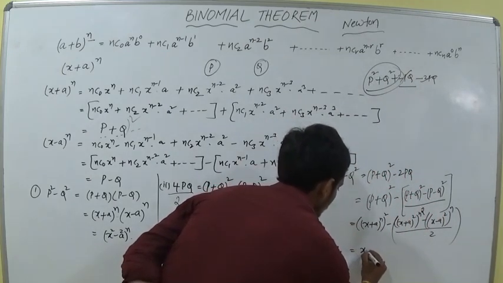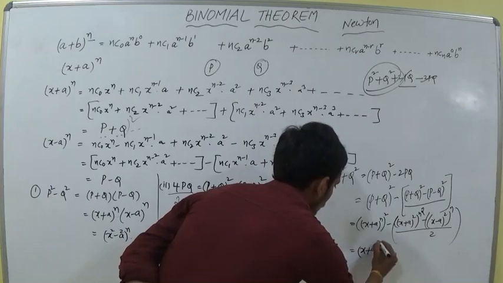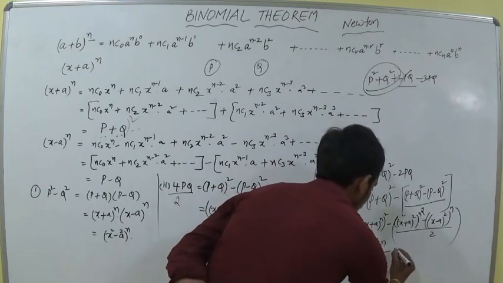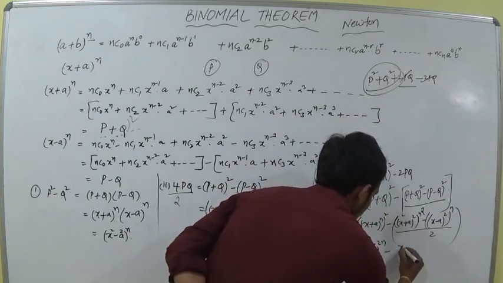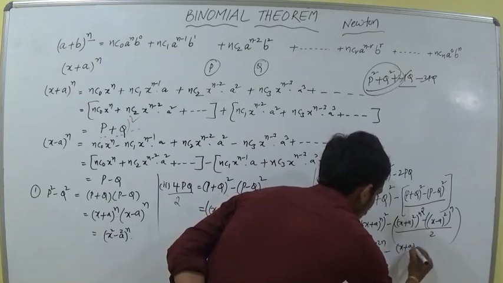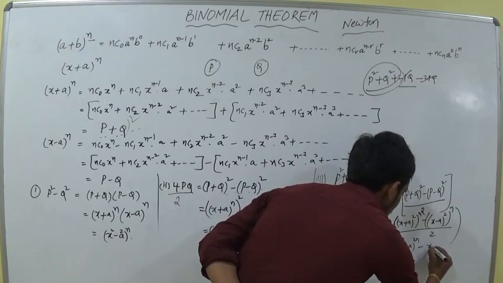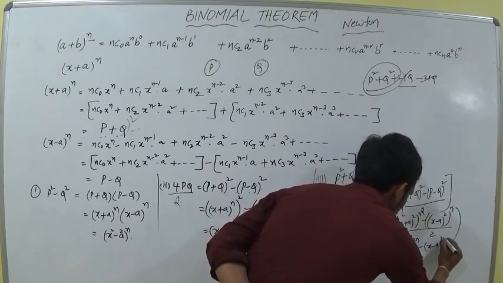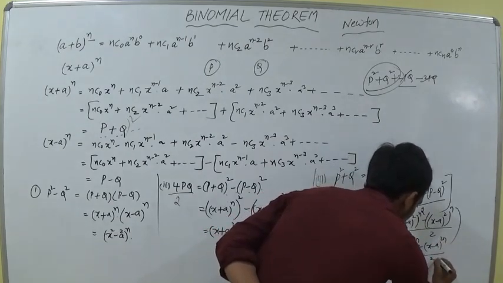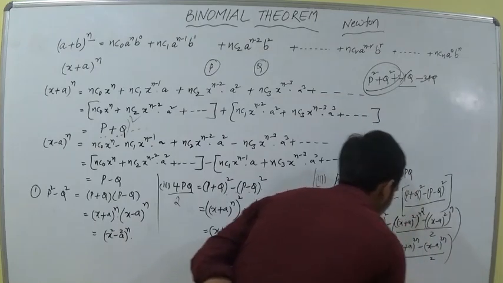That is equal to (x plus a) whole power 2n minus (x minus a) whole power 2n, by 2. That is good.